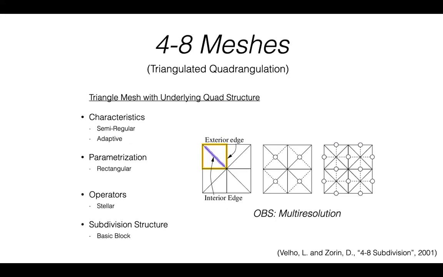And here we also have these stellar operators. And the powerful thing about this is that it can be adapted and have multi-resolution, because you can subdivide this basic block recursively. And you see that when you subdivide here, you create another mesh with quadrilateral triangles, but smaller elements.